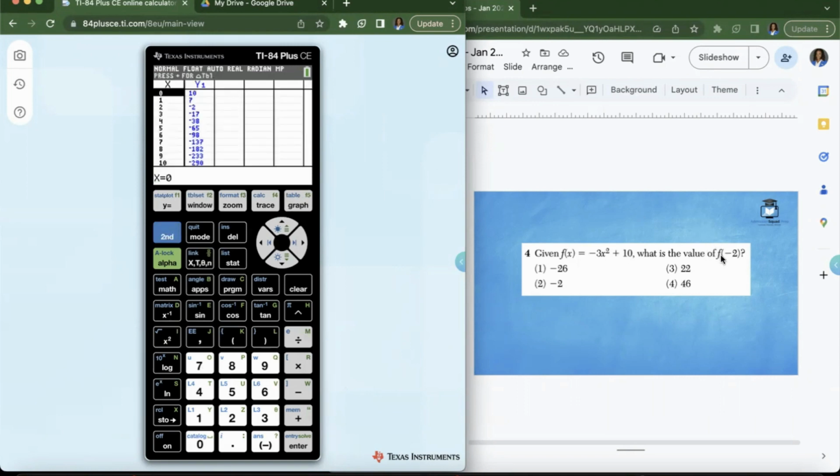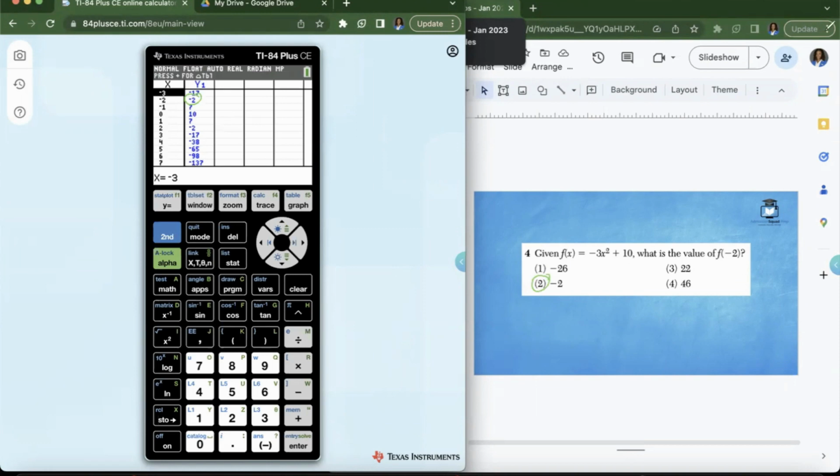They're asking us for f of negative 2. Now, some students are like, whoa, Miss Tai, I don't see a negative 2 here. You just have to hit the arrow up to go find negative 2. So negative 2 is right here as an input value. And now we just want to find the output value. And we can see very clearly that the output value when x is negative 2, y is also negative 2. So that's our correct answer.